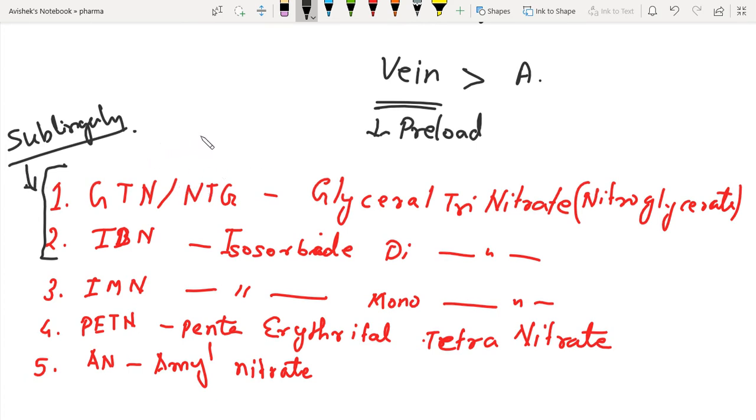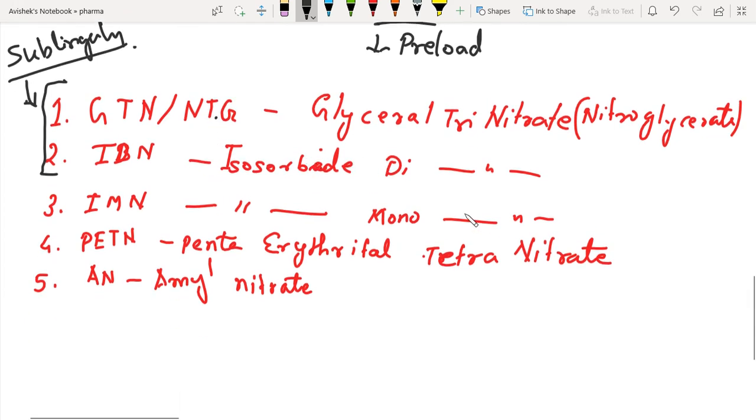What are the advantages of giving sublingually? When the action is over or when the patient has recovered after the pain, you can spit it out. This is the main advantage of sublingual drugs, and this can bypass all the metabolism. This can be used fast.